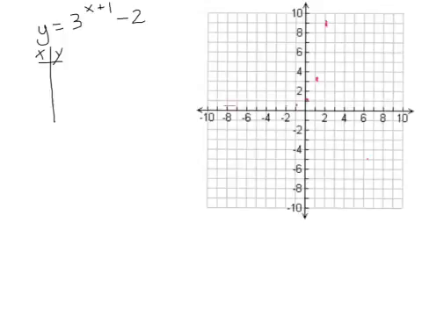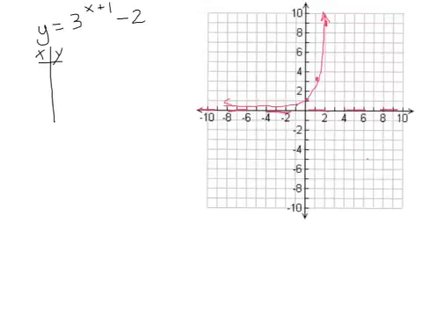Ultimately, it looks like this, with a horizontal asymptote at y equals 0. So there's your basic graph in red.